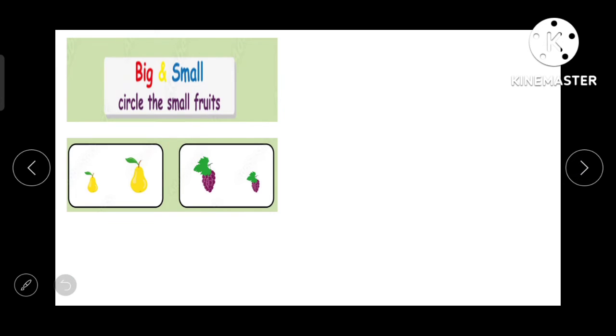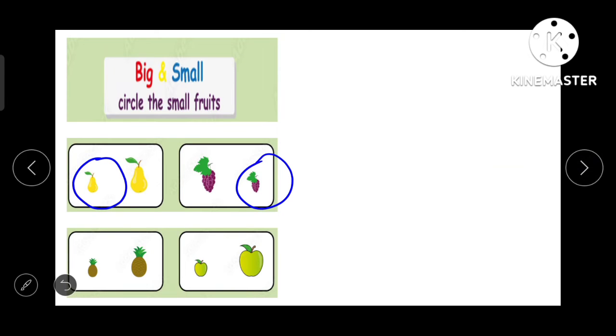Next one, circle the small fruits. In the first one, if you observe carefully, then you can easily answer the question. This one is small in size. Here this one is small. Now in this picture this is small, this one is also small.